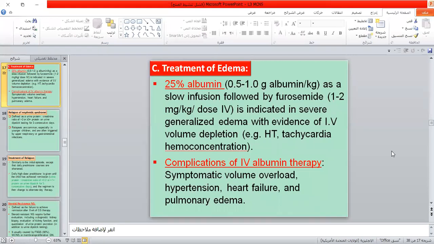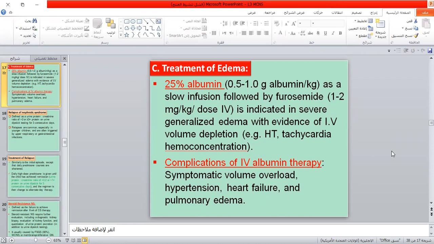But this is transient. Why? Because the albumin you give will also be lost in the urine because of the glomerular defect. So we give it for a transient response, especially in patients with severe intravascular volume depletion, and then we give furosemide to remove the extra fluid.